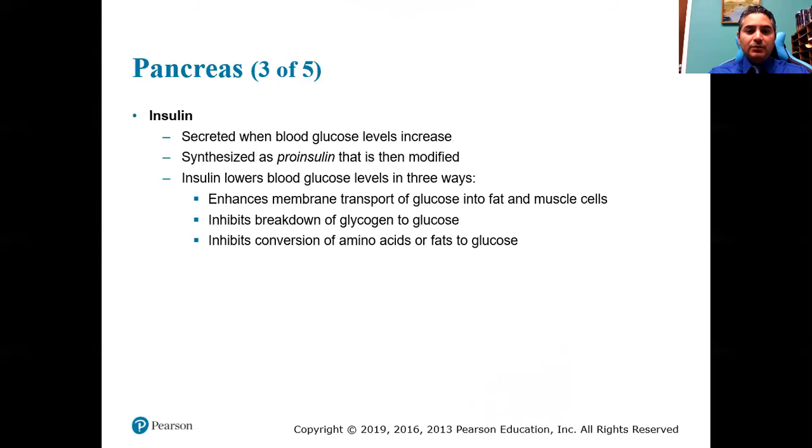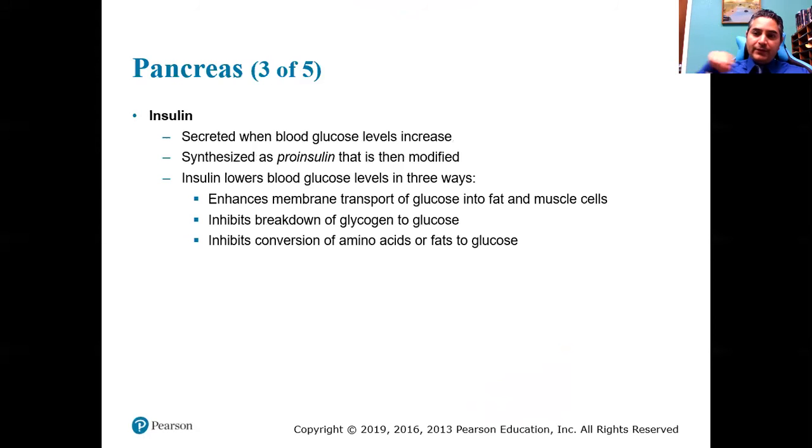So it's secreted when blood glucose levels increase. Right? Opposite of glucagon over there. So, all right, blood glucose levels too high. So insulin is going to have to lower this. So that's the negative feedback.